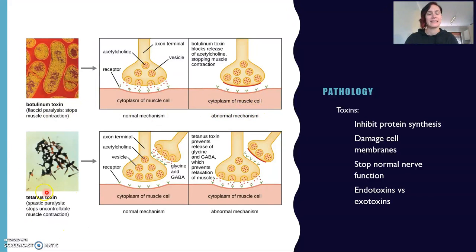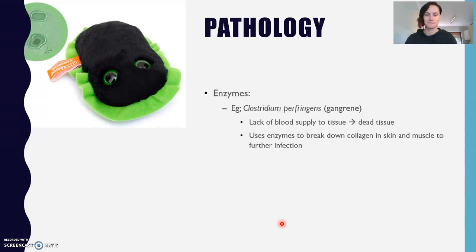The opposite's happening in the tetanus toxin in that it's actually stopping the stopping of the contraction. So it's only allowing the contraction over and over and over and not allowing the relaxation of the muscle. So while the Botox allows for relaxation, the tetanus toxin only allows for contraction. So that's why there's that rigidity of the muscles during tetanus.